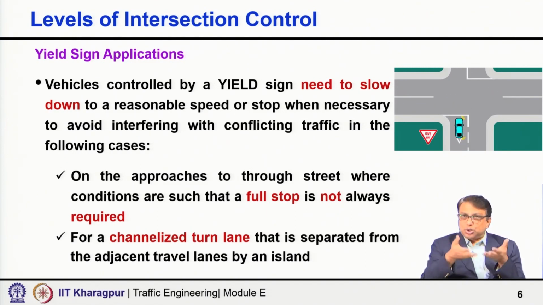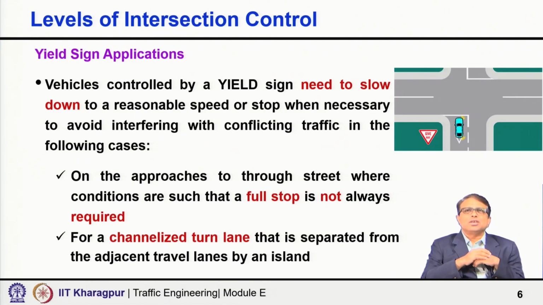I must slow down, and if required, suppose the gap is not available. Here in this case, you can see the blue vehicle approaching from the minor road, which is controlled by a yield sign, and the gap is not sufficient. So, the vehicle stopped, and now when the vehicle found a sufficient gap, the maneuver is completed.